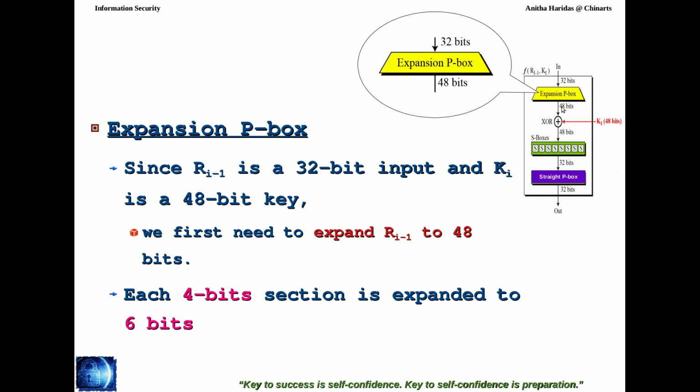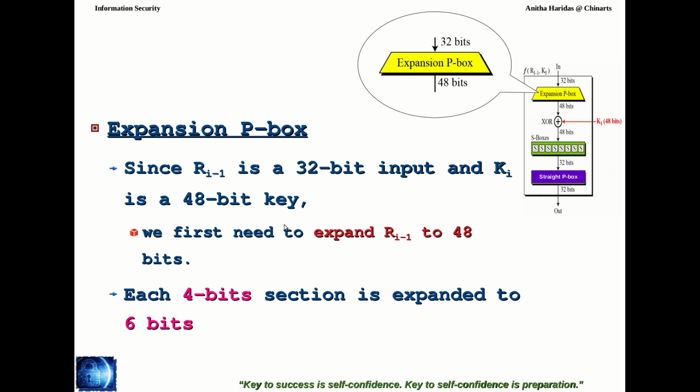If you observe, the exclusive OR operation is given a 48-bit value and a K value, the key, which is again 48 bits, as the input. So exclusive OR takes two 48-bit inputs. Since the key value is 48 bits, the Ri-1 value, which is given as the input for exclusive OR, should also be 48 bits.